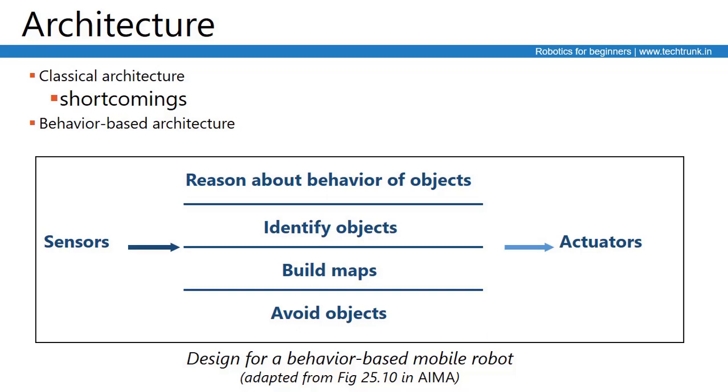Compared to that, talking about behavior-based architecture, where the robot understands the environment based on sensors, it does some basic layers of process, like avoiding objects in the environment, then building a map of the environment based on the obstacles detected, then identifying the objects, what they are and what they mean exactly, and how they are related to the goal of the robot for the task it has to perform, and reasoning about the behavior of objects, how they are reacting in the environment, and doing reasoning based on that, and then finally they trigger the actuator part.